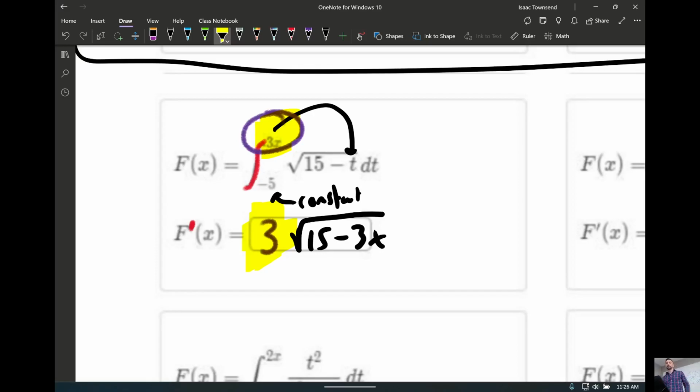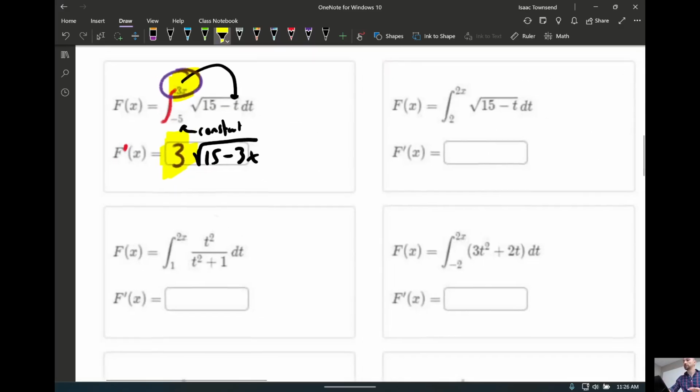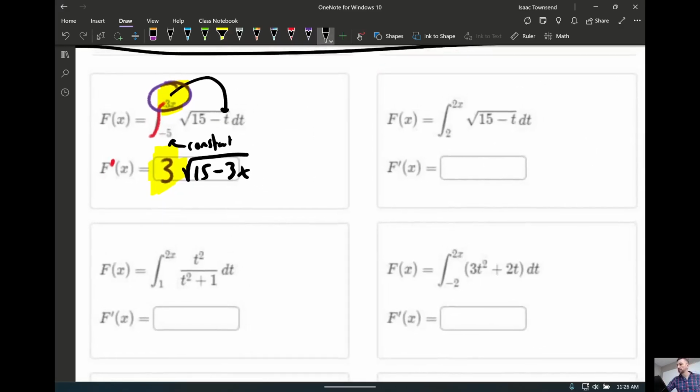So go ahead and fill in the rest of the 8. And again, you should be doing them fairly quickly, especially after a couple of them.